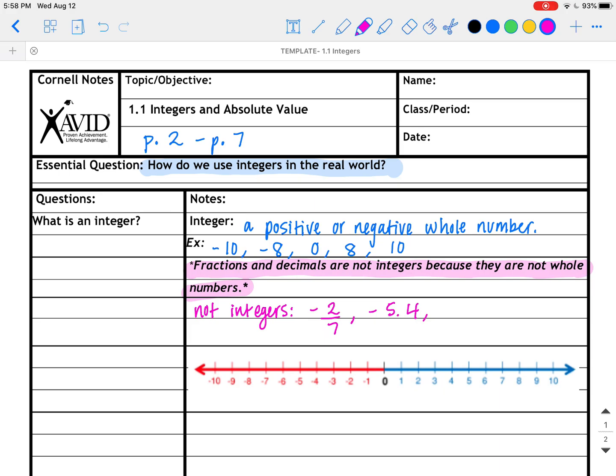Negative 5.4, that's not an integer. Positive 3.1, that's not one. And let's just say 7 over 8. Those are all not integers. And why? Because they are fractions and decimals, which are not included in that integer group. Just a little refresher in case you need it.